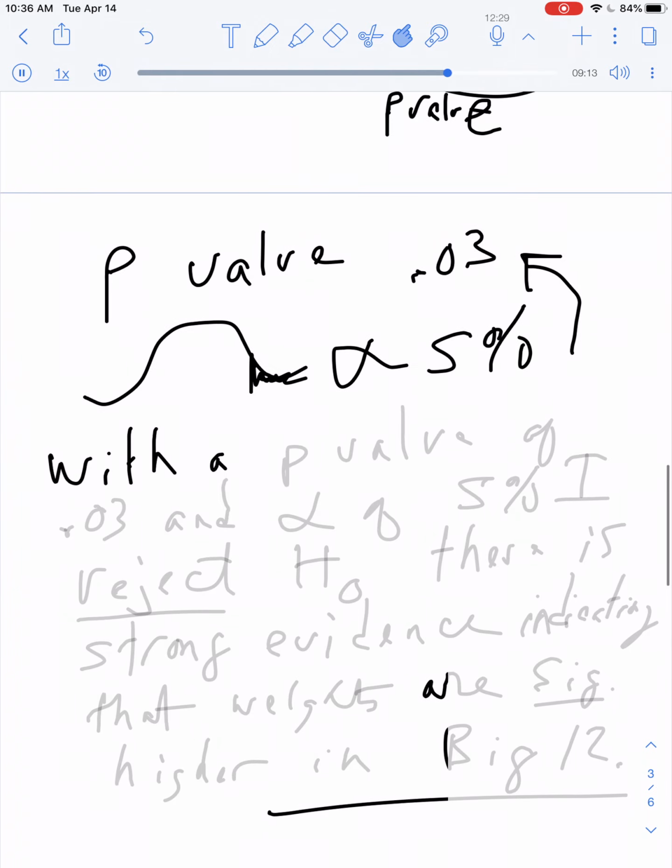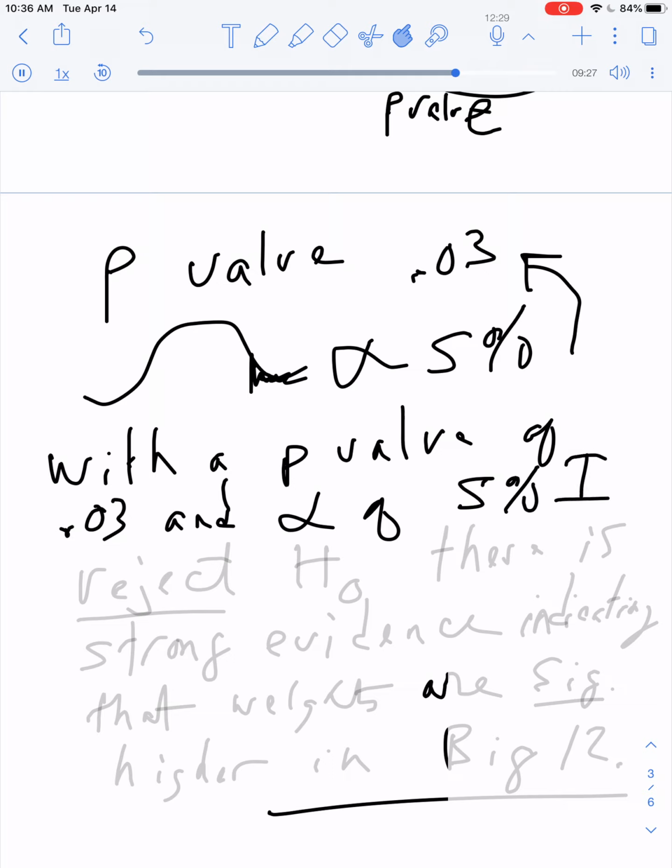With the p-value of 0.03 and alpha of 5%, I reject the null.